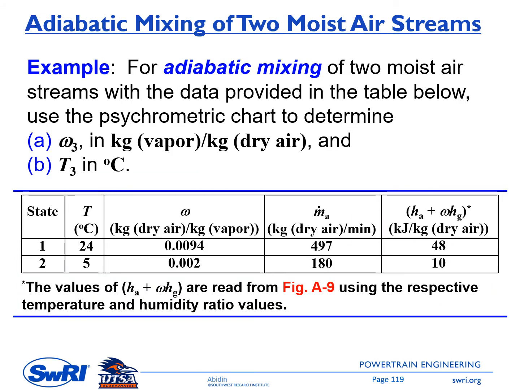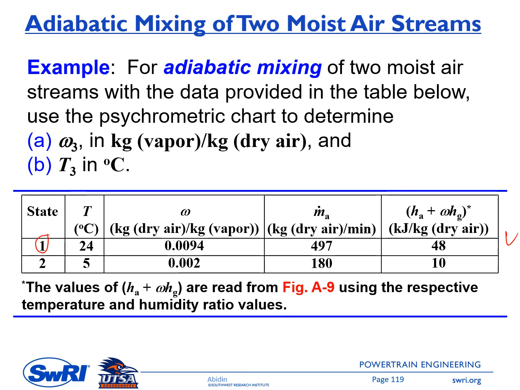Let's take a look at this example. For adiabatic mixing of two moist air streams with the data provided in the table below, use the psychrometric chart to determine first omega 3 in kilogram vapor per kilogram dry air, and second, T3 in degrees C. We have state 1 here with the given temperature, omega, and m dot a, as well as the enthalpy.